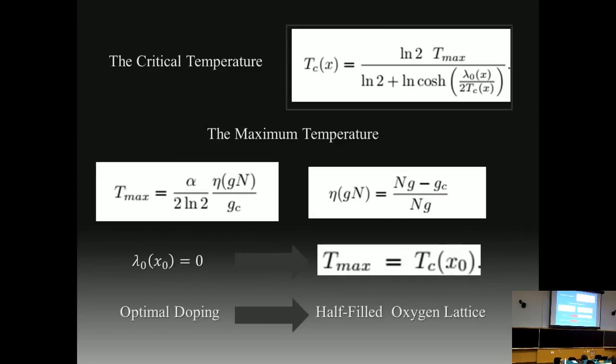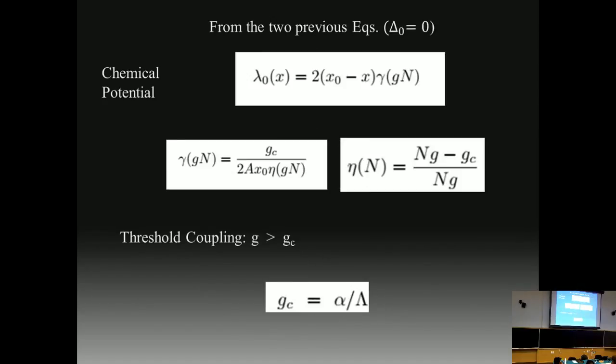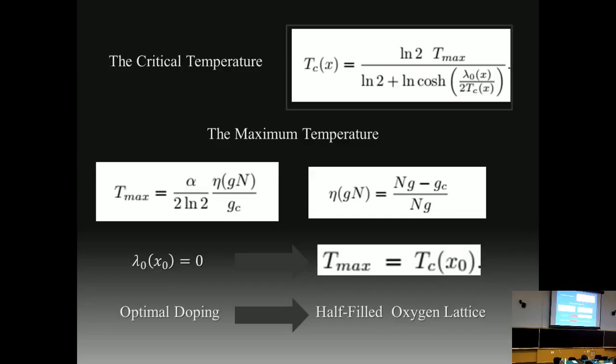And from here we see that for x equal to x0, remember x0 is the doping for which the oxygen lattice becomes half-filled, lambda vanishes, so this hyperbolic cosine is equal to 1, so this log is 0, so this Tc equals Tmax.